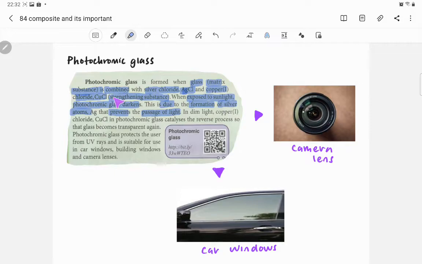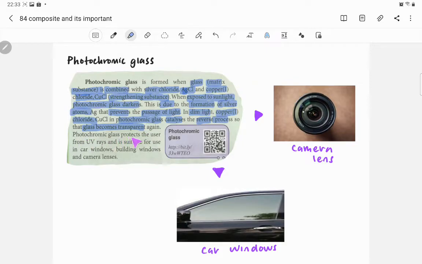That's why photochromic glass becomes darkened when we expose it to the sunlight. In dim light, copper chloride in photochromic glass catalyses the reverse process, so the glass becomes transparent again. So you need to remember this one. Right?